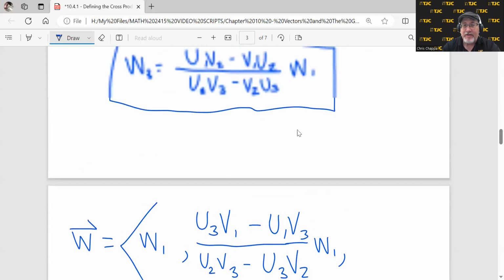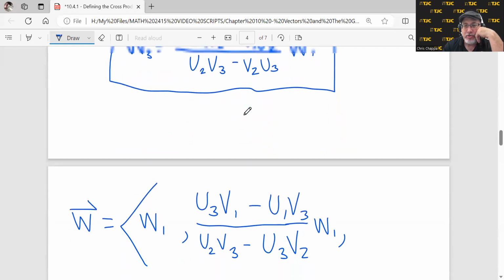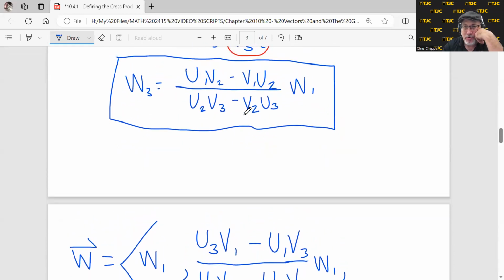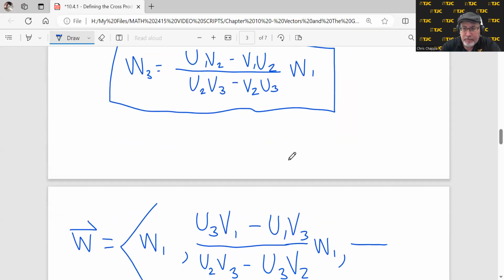And we do the same thing for W3, which is the expression right here. And again, as I transcribe this from here to here, I am going to rewrite the products with the letters in alphabetical order. So the numerator becomes U1 V2 minus U2 V1.